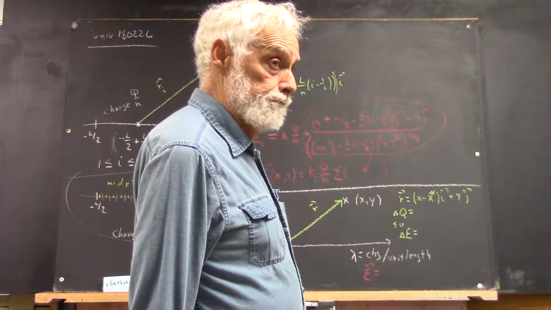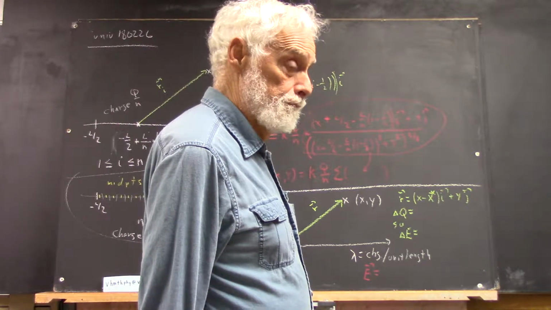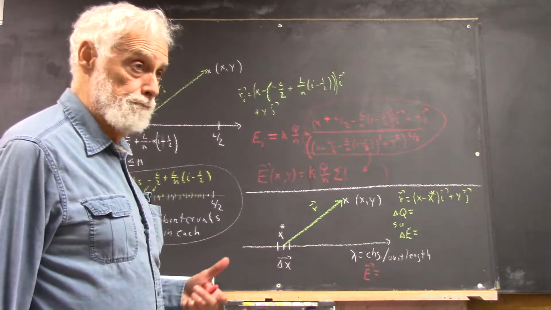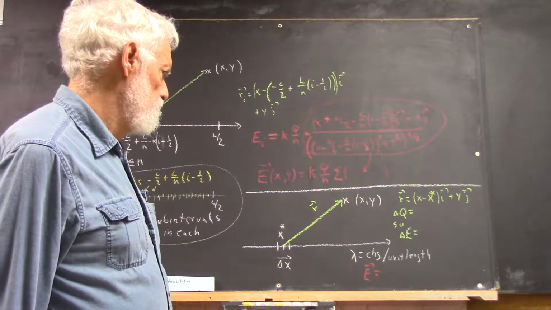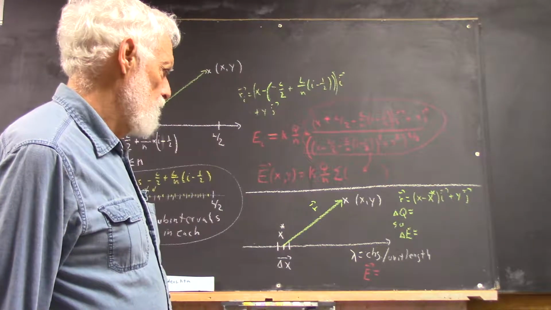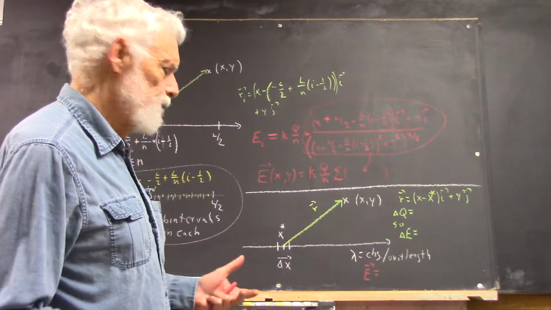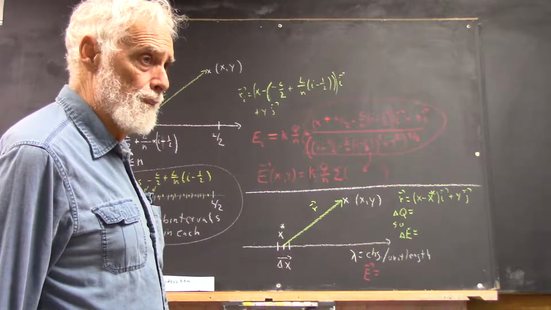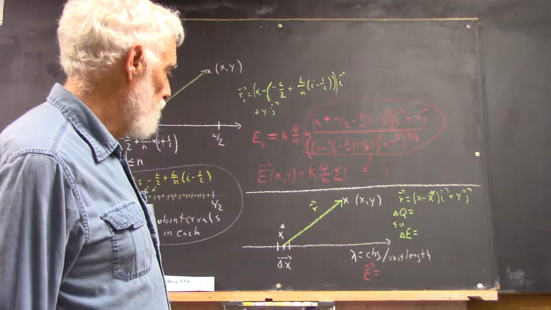Since lambda is our new charge per unit length, is that going to mean our Q over N minus our lambda? Or did I mess that up? No. There's no minus involved. There's no distance involved. Well, yeah, there is a distance involved.